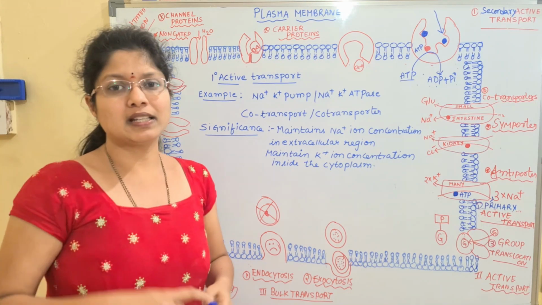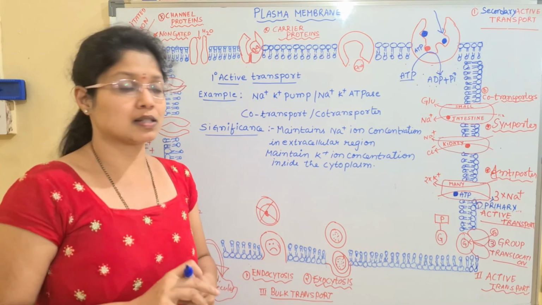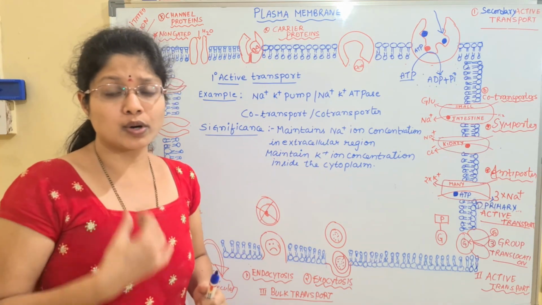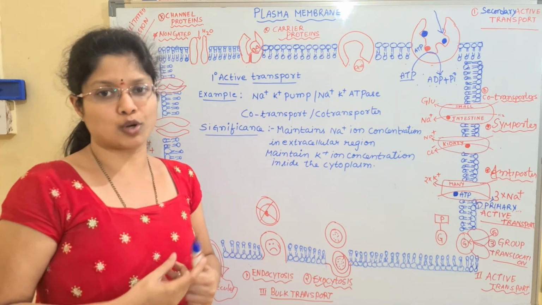Okay. Mainly the glucose entry will be supported in the cell cytoplasm with the sodium ion gradient, or you can say the sodium ions are mainly helping in the transport of glucose molecules.